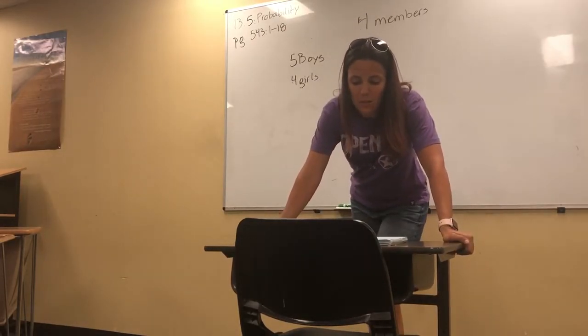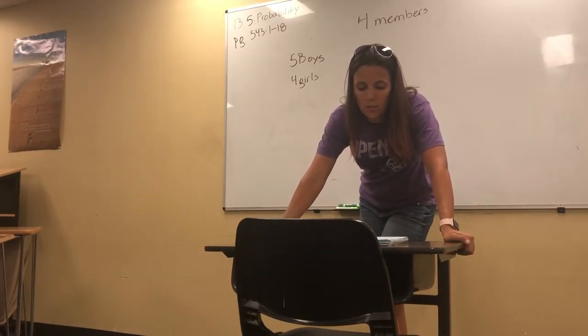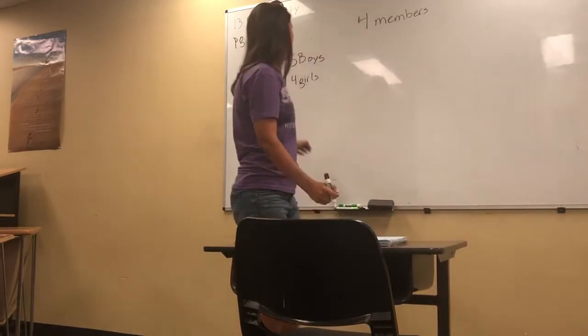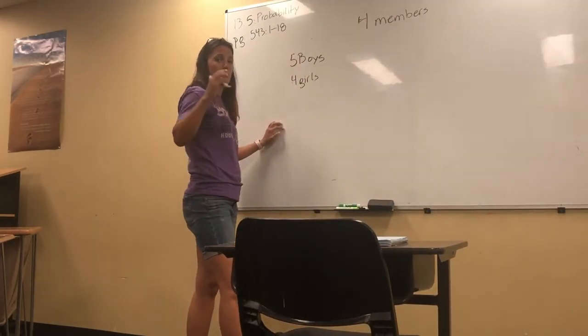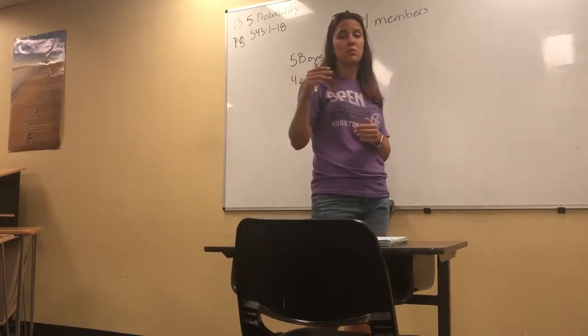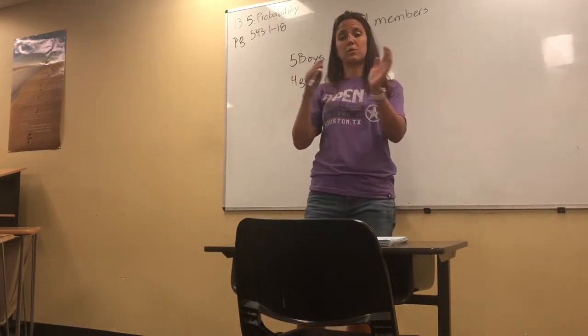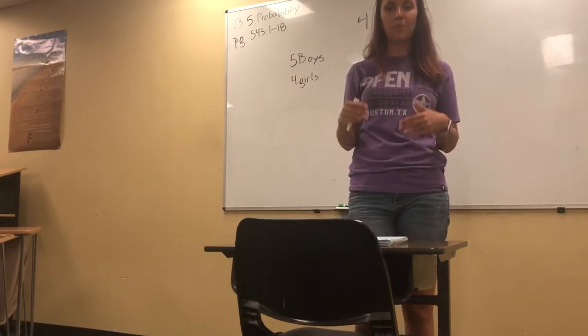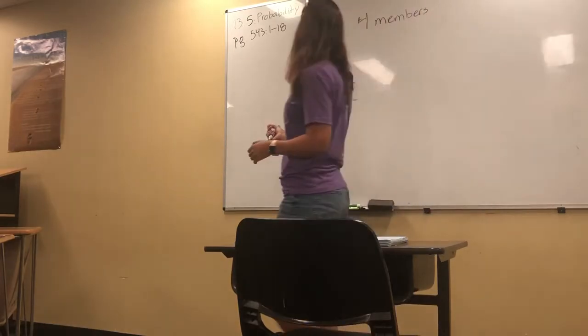They are randomly selected. So what is the probability of choosing an all-boy committee? Okay, now, choosing a boy and a girl are mutually exclusive. However, choosing a boy for your first position and a boy for the second position are not mutually exclusive, right? So what we have to do is figure out our event.